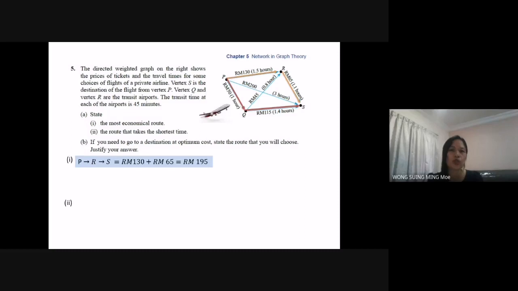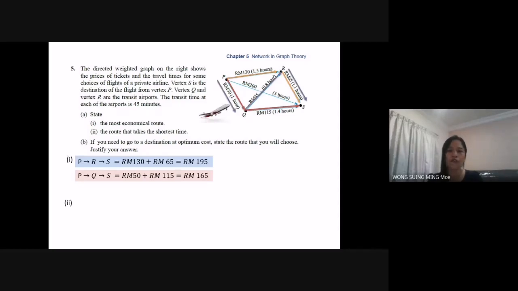We have this route also: P to Q, after that go to S. From P to Q, 50 ringgit, and from Q to S, 115. So total is 165.